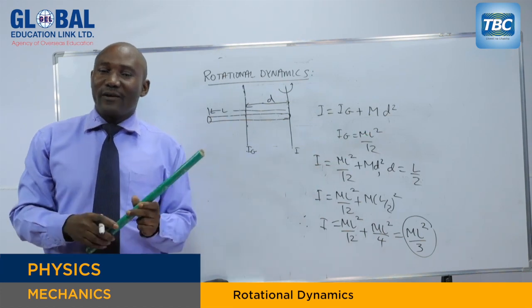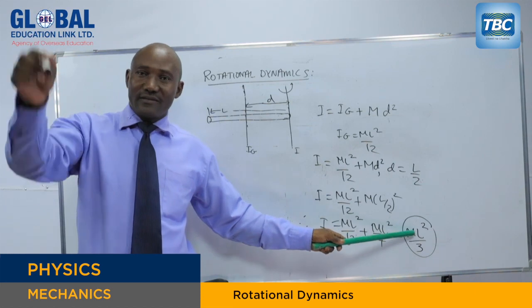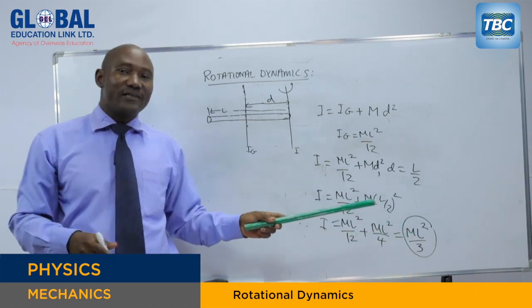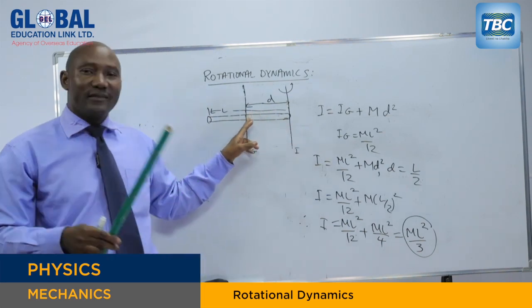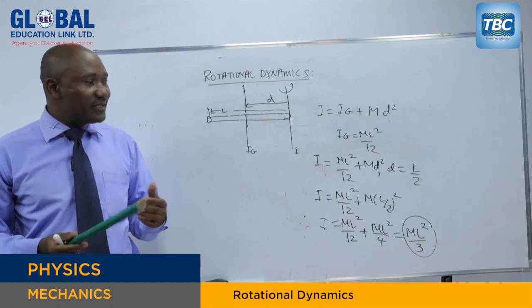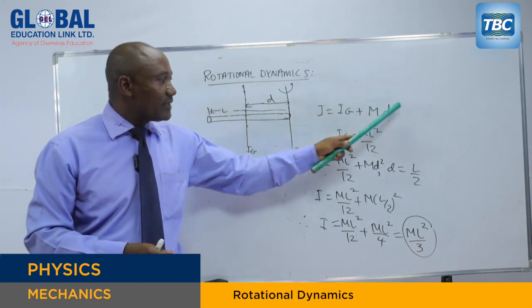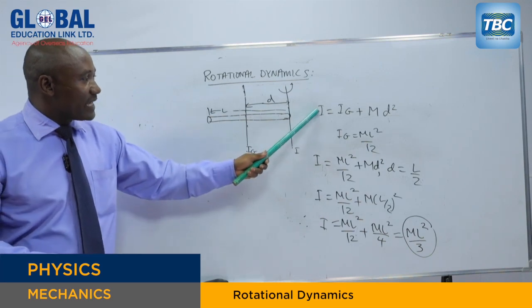In other words, in such a question, you might be given the moment of inertia about the end and asked to find the moment of inertia about another axis, which is parallel to that but this time passing through the center of mass. Easy. You have to consider the same formula. You are looking for Ig. This time I is given.